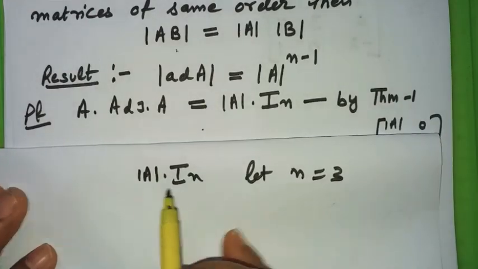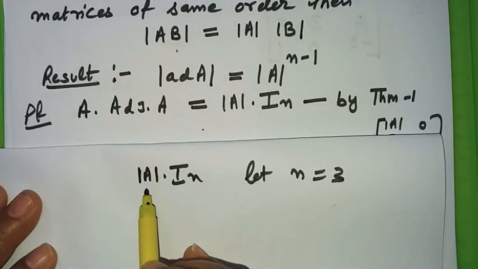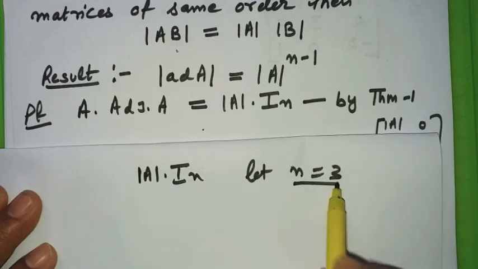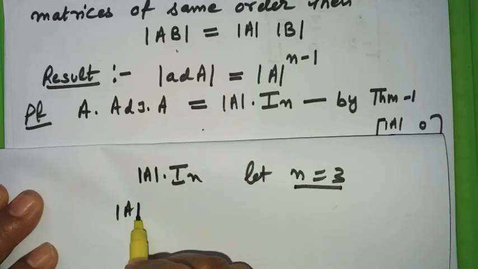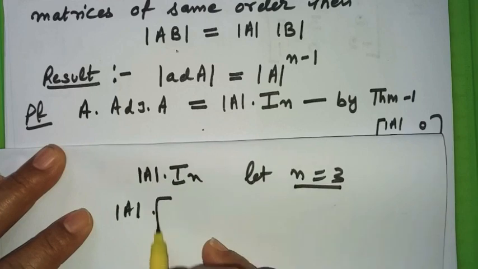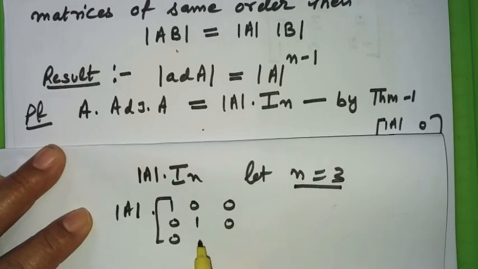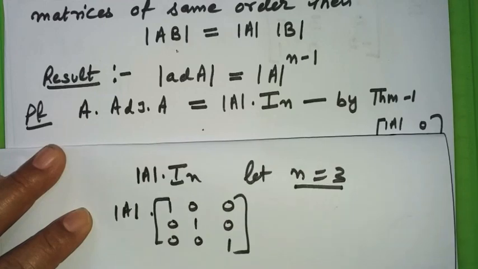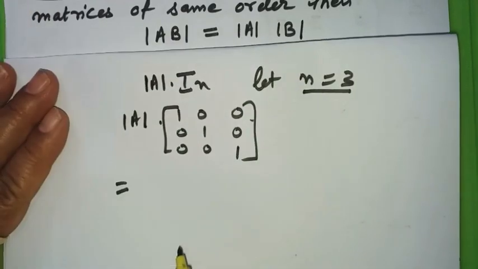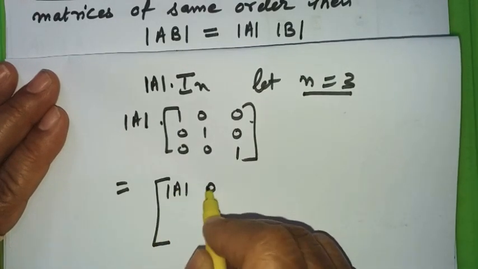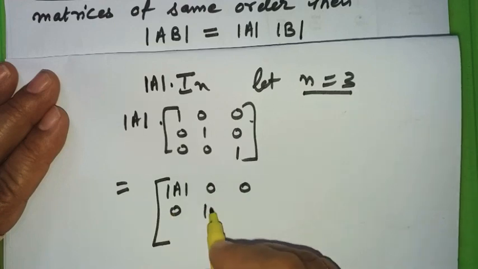Let us see what is going to happen if we multiply determinant of A with the identity matrix for n equal to 3, that is, determinant of A into the identity matrix of third order. If we multiply this matrix by determinant of A, we get a matrix in which every element is multiplied by determinant of A.